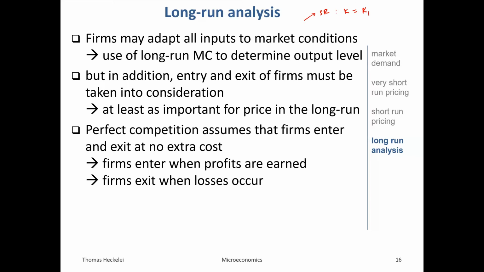So in general, firms will enter when profits are earned or positive. If people see that some industry is making money, then of course they would like to jump in. On the other hand, if people are losing money in a certain business, they would like to quit.